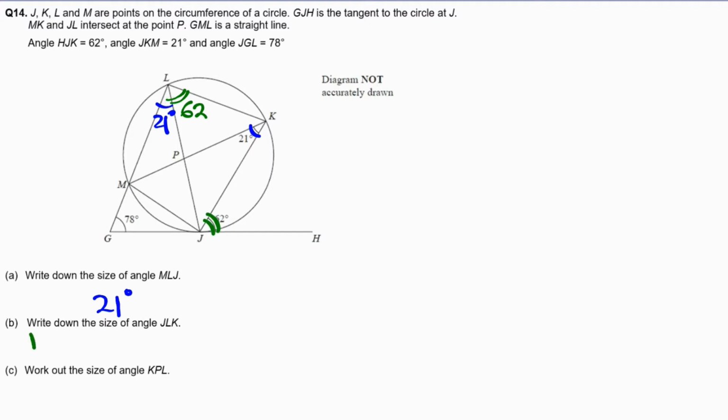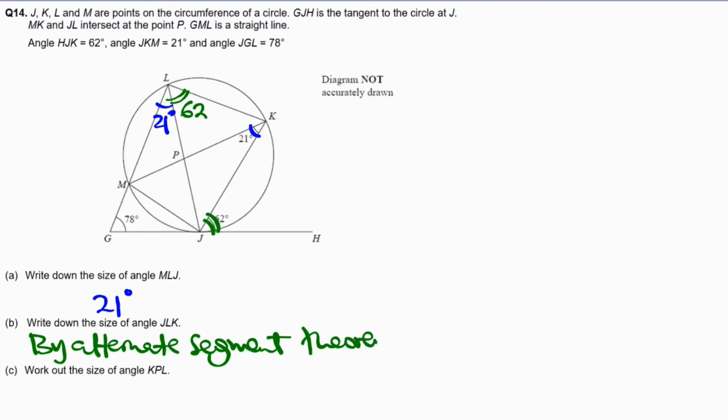So by alternate segment theorem, JLK will be equal to 62 degrees. All right, and then we can carry on to find the next part of this question.